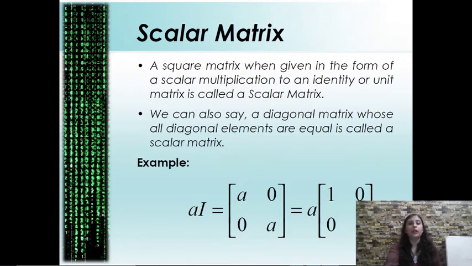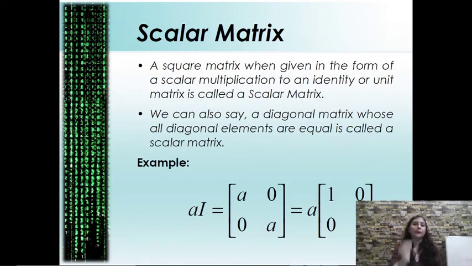As an example, a square matrix when given in the form of a scalar multiplication to an identity or a unit matrix, it is called the scalar matrix. We all know that a unit matrix of the order 2 cross 2 will be 1, 0, 0, 1, right?